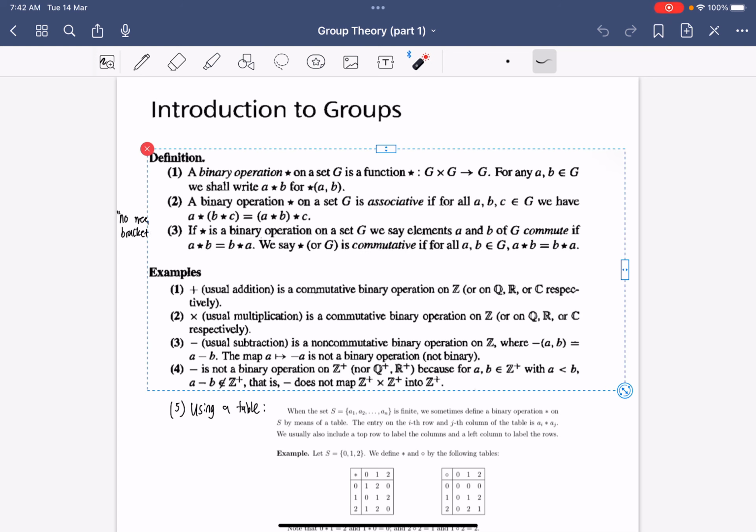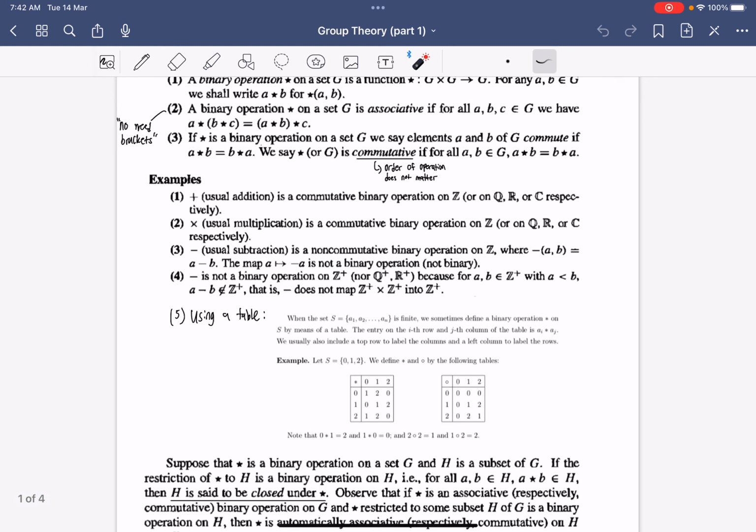And we have our usual understanding of this operation, such as addition on the real numbers. Multiplication is a commutative operation on integers or the real numbers. But if you think about it, subtraction is not commutative because A minus B does not equal B minus A. It's in fact anti-commutative.